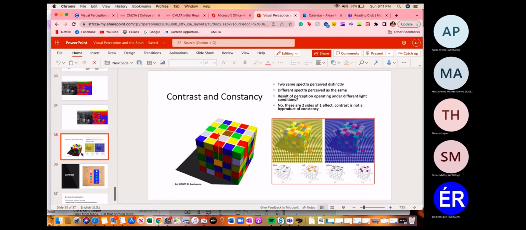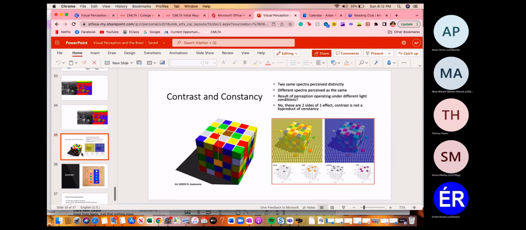Okay, so contrast and color, color contrast and constancy. This refers to the fact that you can see spectra which are the same and perceive them as being distinct, and also you can see two different spectra and perceive them as being the same, right?